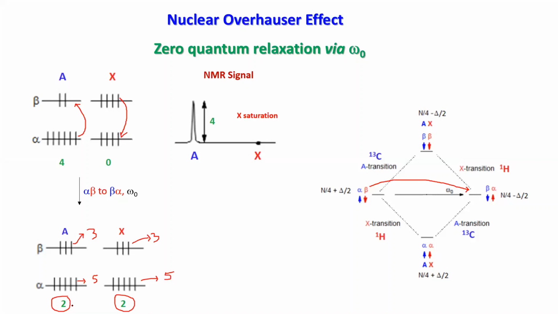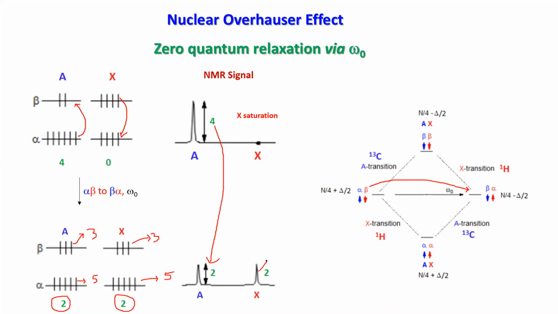Now what changes you will see in the spectrum? For the A nuclei, you will see the decrease in peak height, the intensity. Looking from the saturation, initially 4 was the excess population, now it became 2, and that's why your A nuclei peak height is decreasing.